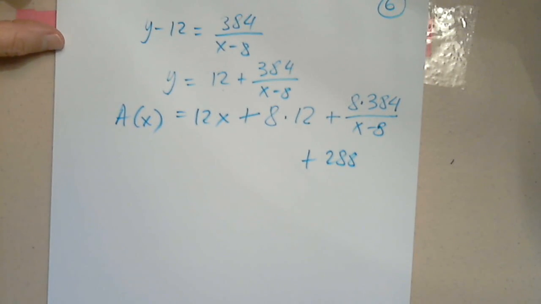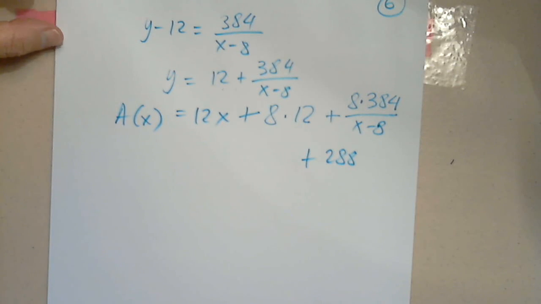Any questions so far? I will calculate these, that's 8 times 12 plus 288, and I got, yes, of course, 384.